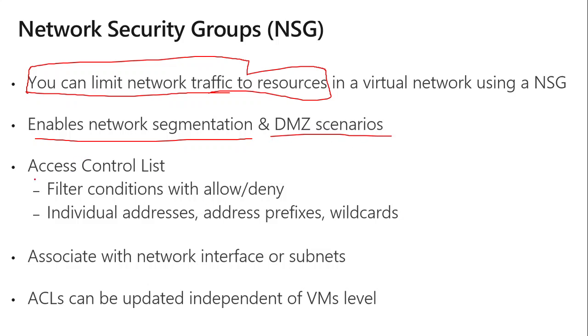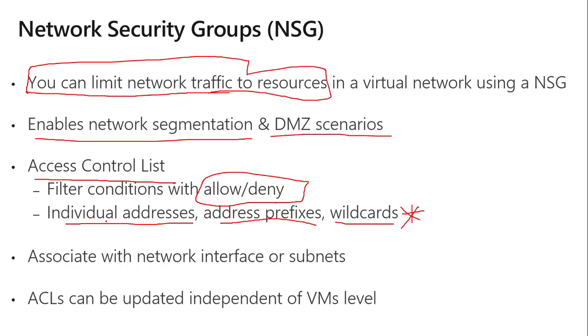It works on an ACL, access control list. It filters the condition, allow and deny, which we talked about in detail yesterday. You can allow or deny an individual IP, an IP prefix such as /28, /26, /27, an entire IP range, or a wildcard. Wildcard means star, all, any. That is called a wildcard, right?